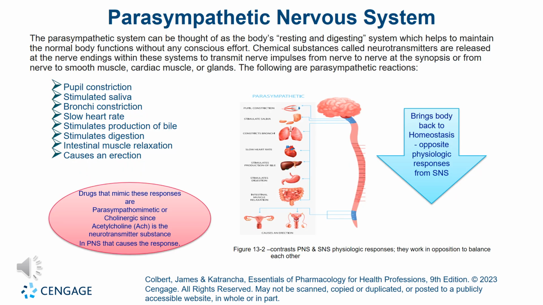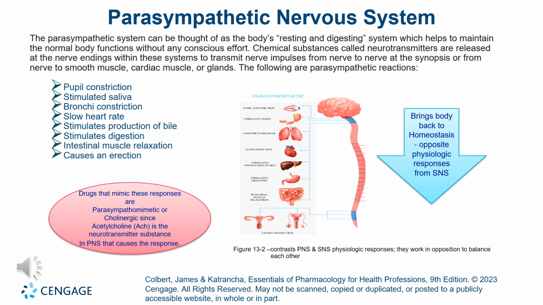The parasympathetic system can be thought of as the body's resting and digesting system, which helps to maintain the normal body functions without any conscious effort. Chemical substances called neurotransmitters are released at the nerve endings within these systems to transmit nerve impulses from nerve to nerve at the synapses or from nerve to smooth muscle, cardiac muscle, or glands.